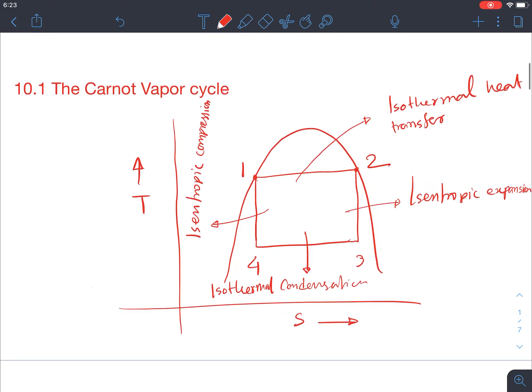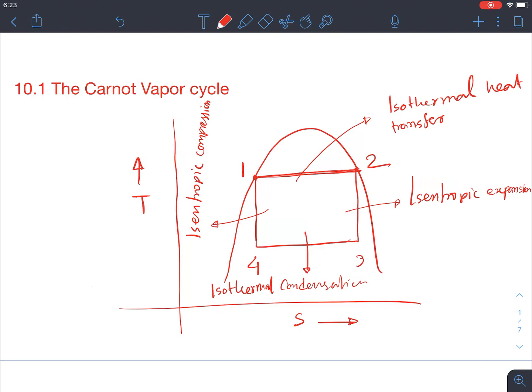Also, if we want to increase the efficiency, we have to increase the cycle temperature. So that's the difficulty of this process. In real life we cannot make this line isothermal; somehow the temperature needs to be increased in this process.